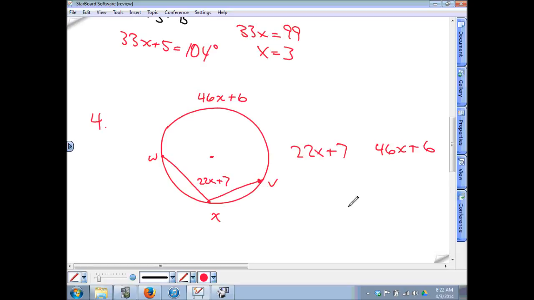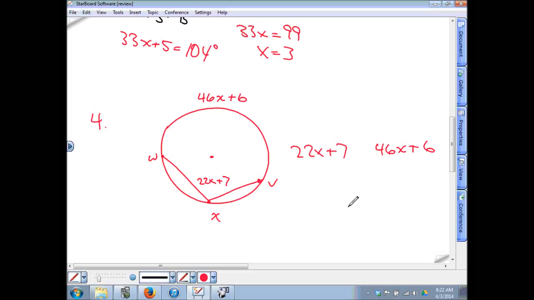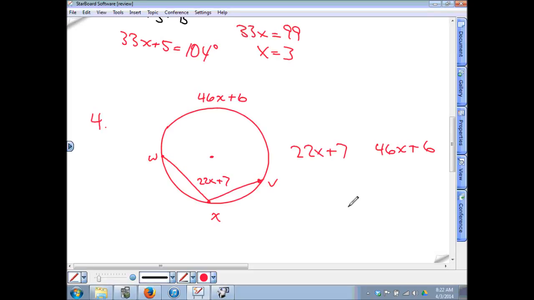Which one's more? Is the arc greater or is the angle greater? Which one's greater? The arc, isn't the arc twice as much as the angle? You guys need to listen carefully. If the arc is already twice as big as the angle, how can I make these equal to each other? Because I want to put an equal sign here.